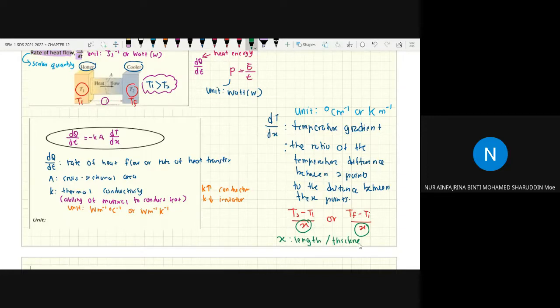How do we differentiate whether it is length or thickness? For example, I have a metal cube and another one, a rod.